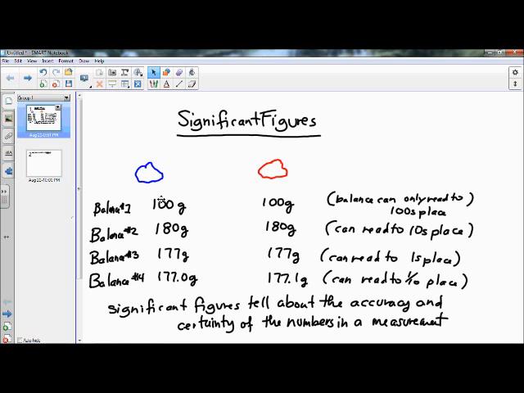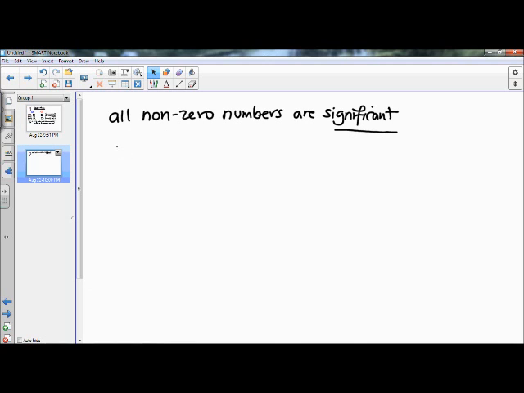So it could be 0 something grams, or it could be like 200 grams. These non-zero numbers, we're very certain about. This one has a little bit of uncertainty, and lots of uncertainty here at the last place. So the problem appears to be in understanding the zeros.